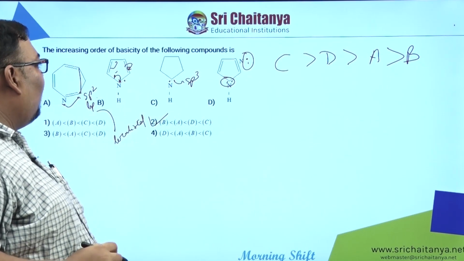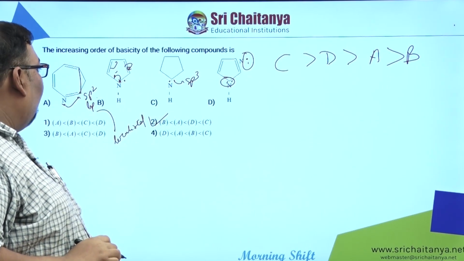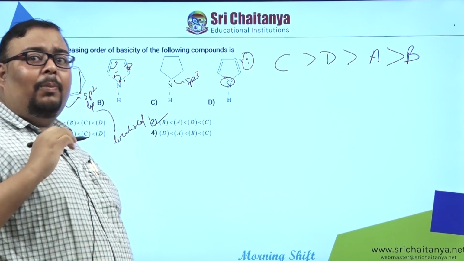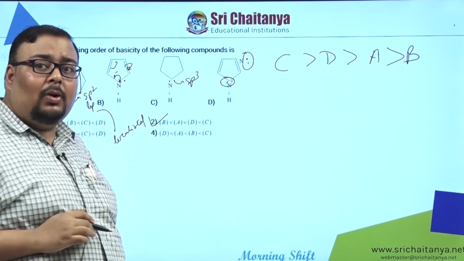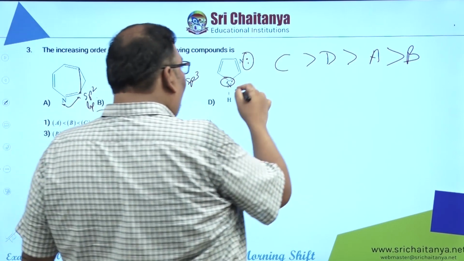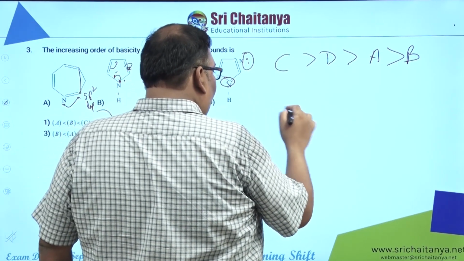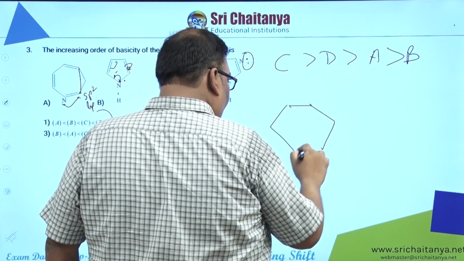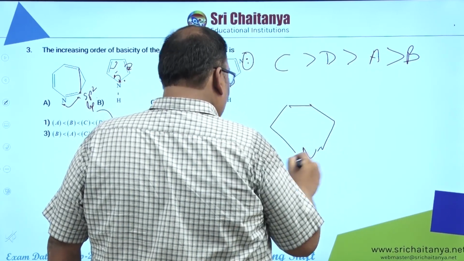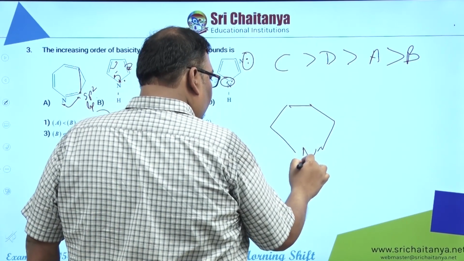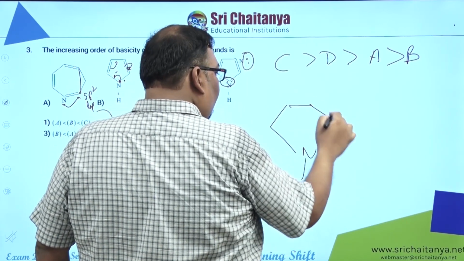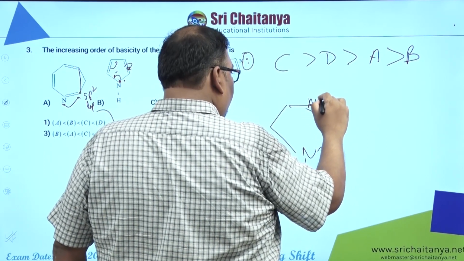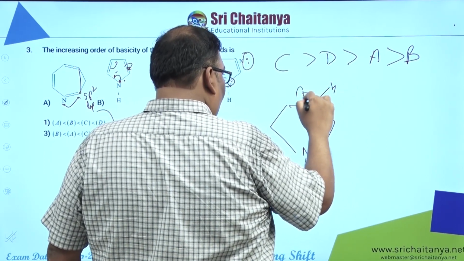Now, between D and A, after making the cation, the positive charge in pyridine will be localized. But in case of imidazole, if we draw the structure, I am writing it like this.